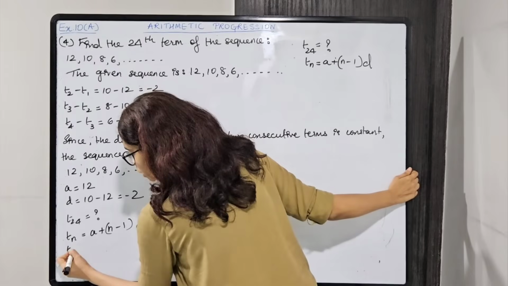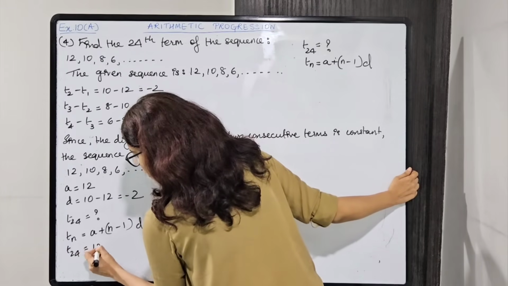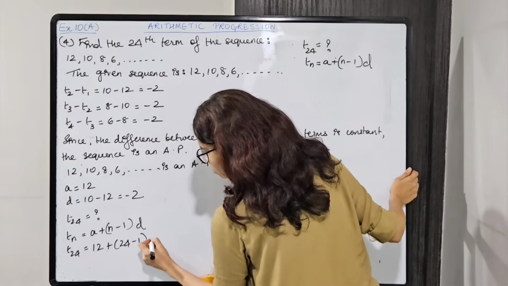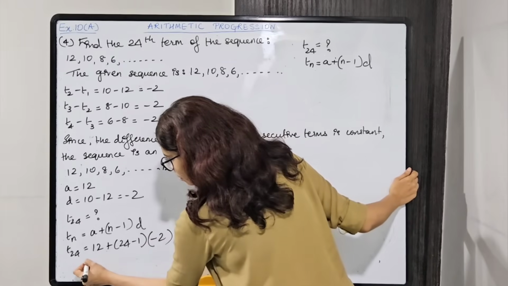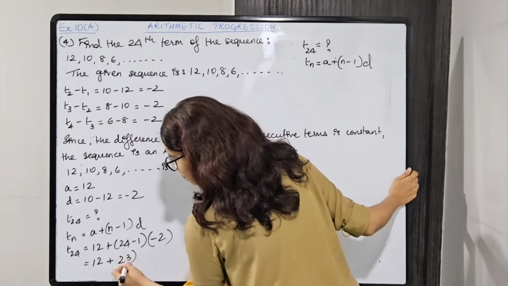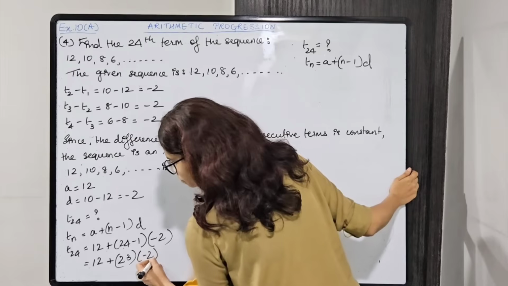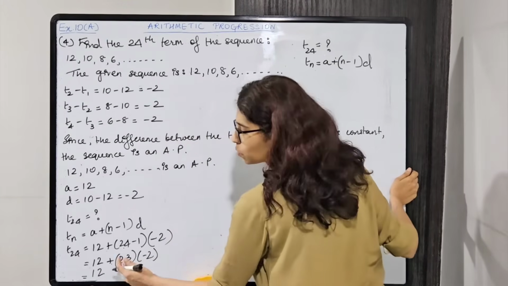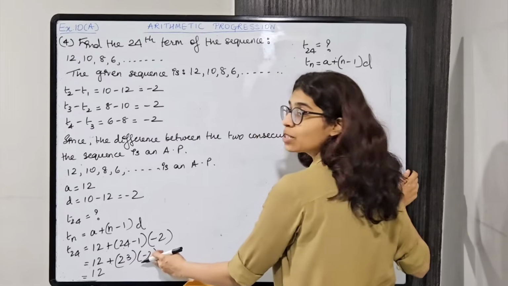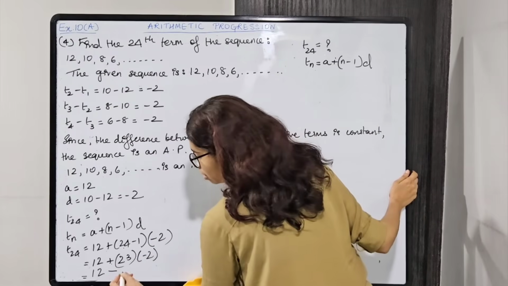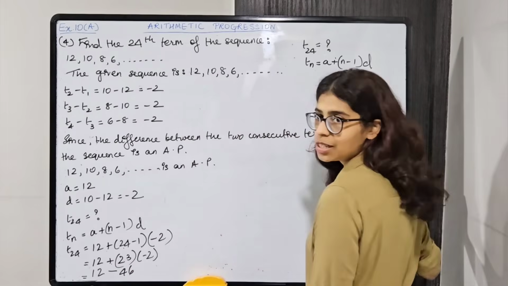So T24 is 12 plus (24 minus 1) and d is minus 2. So that will give 12 plus 23 into minus 2. So plus into minus gives minus and 23 twos are 46. ठीक है.